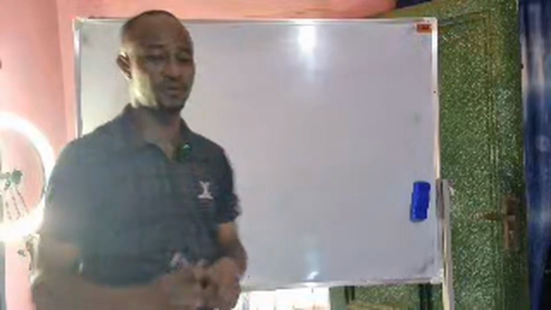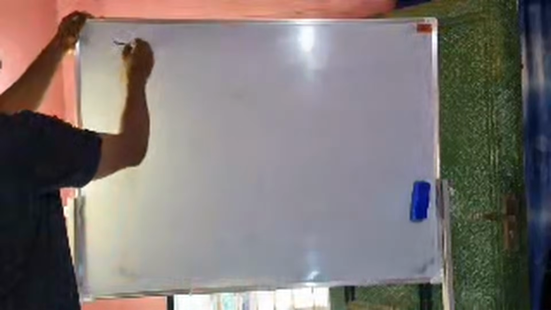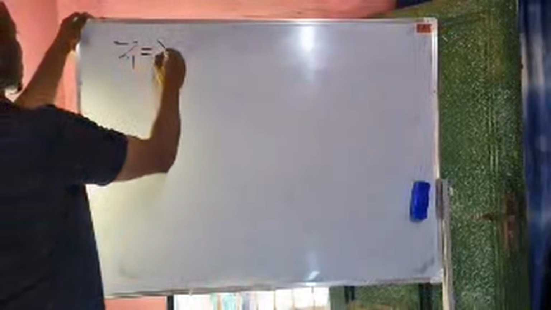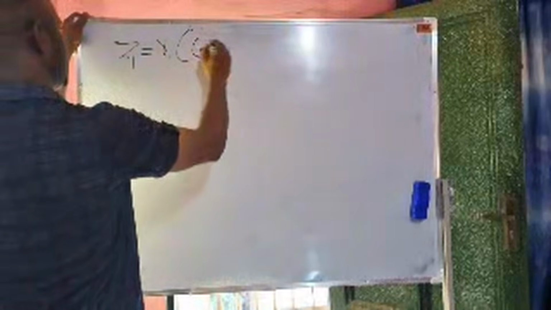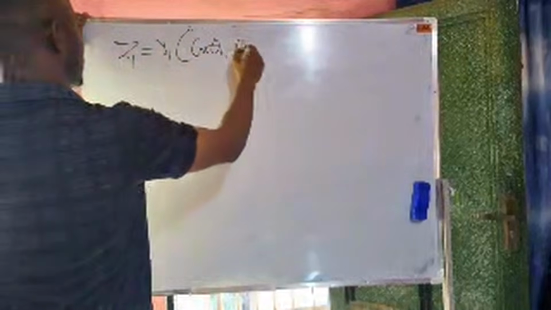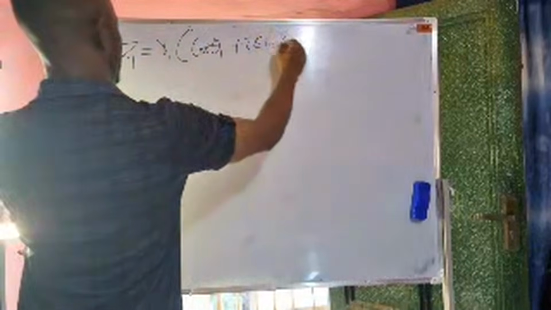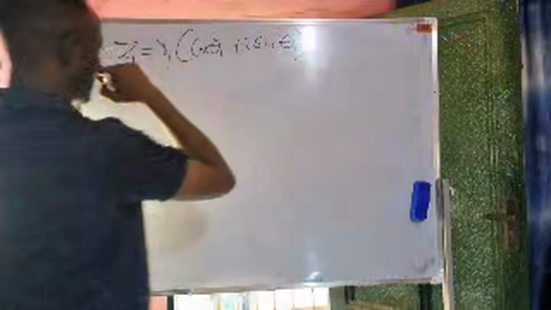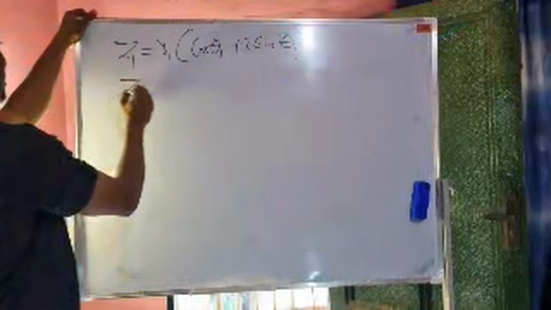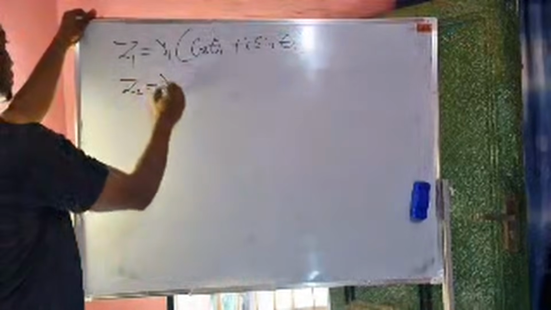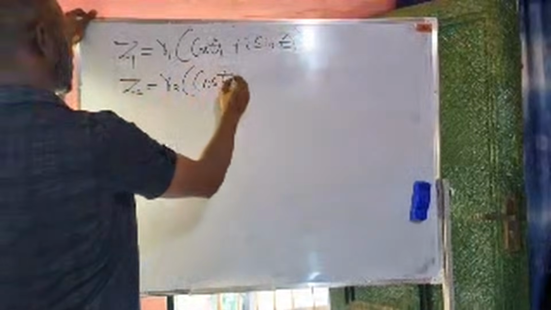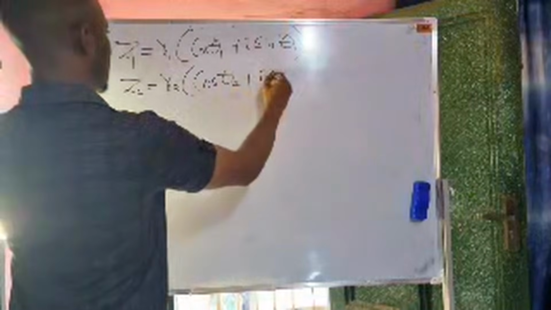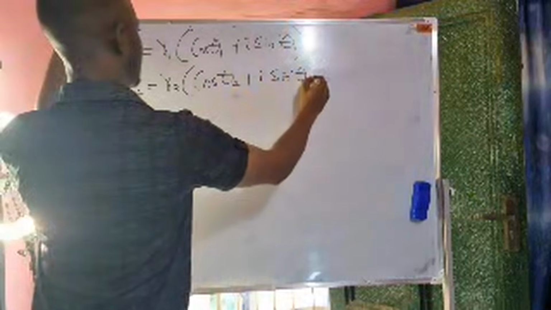For example, let's say I have Z1 equals R1 in bracket cos theta 1 plus i sin theta 1. Then we have that Z2 equals R2 in bracket cos theta 2 plus i sin theta 2.